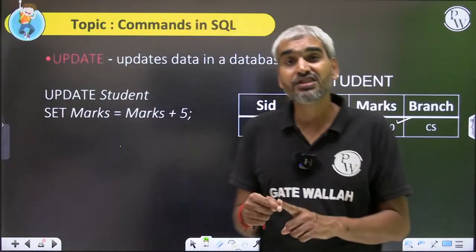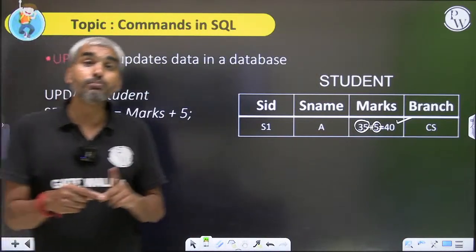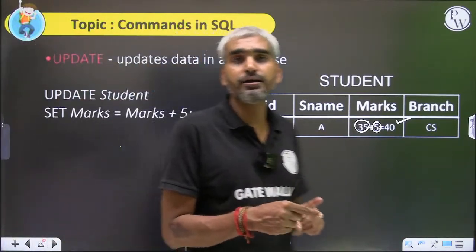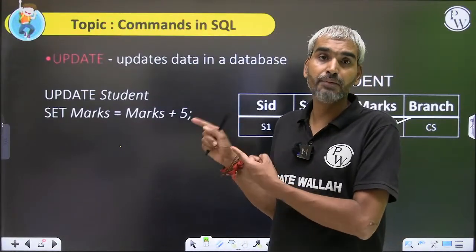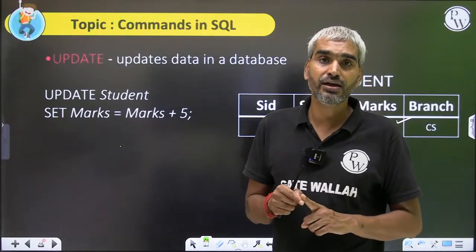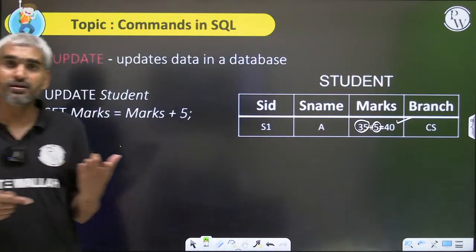Aggregate functions make structured query language more powerful compared to basic relational algebra. Because of aggregate functions, the power of structured query language will be more than the power of basic relational algebra. Clear?